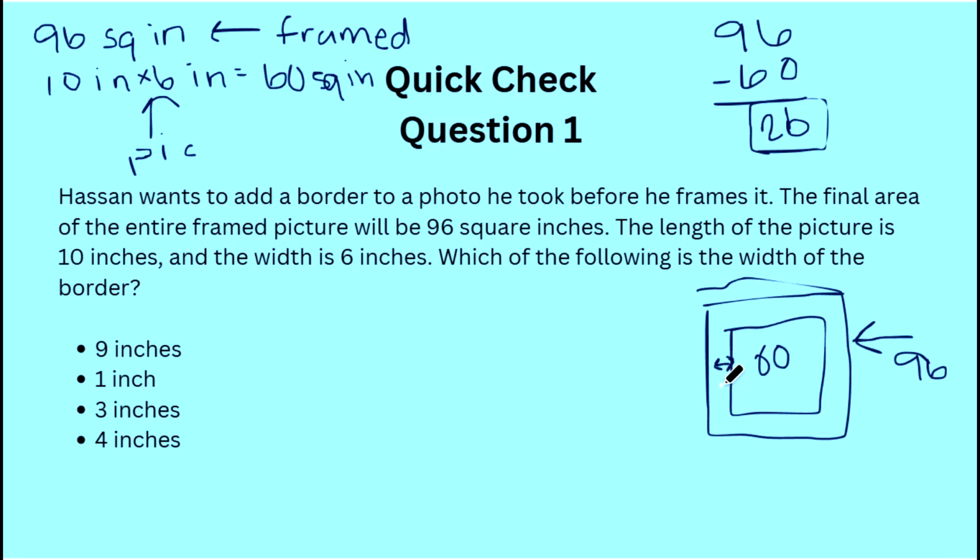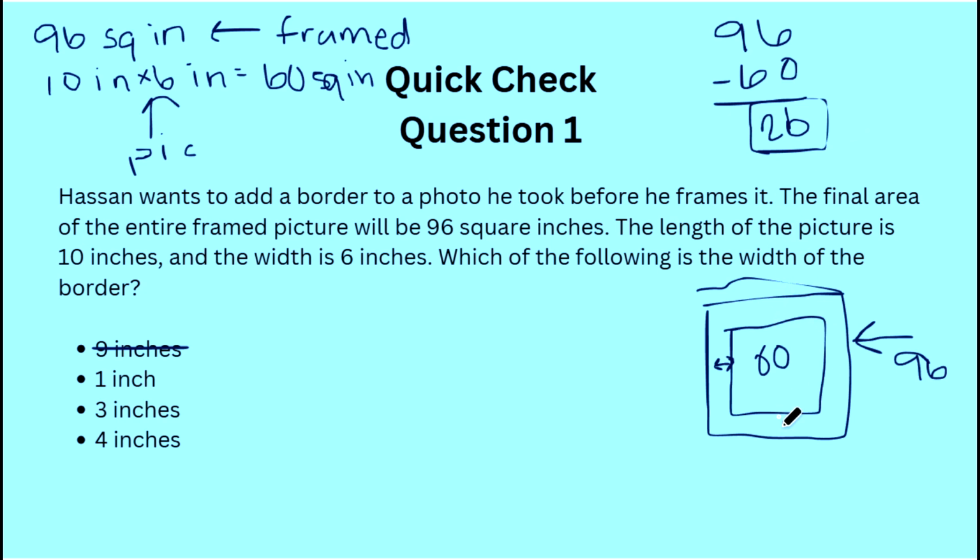So logically, if this is 9 inches, then that's 9 inches and 18 inches. 18 and 18 is 36, so this one's out because 36 inches just here doesn't leave any room for a border here. Okay, so 36 inches is obviously out. It can't be 9. Okay, so if it's 1 inch here and 1 inch here, that's 2 inches. That means the border here has to take care of 24 inches.